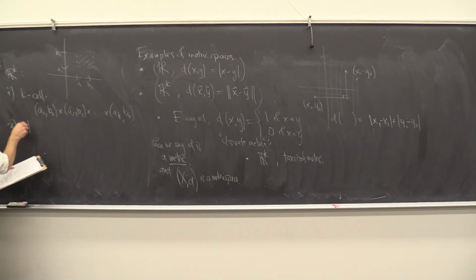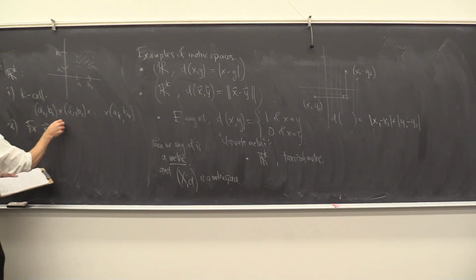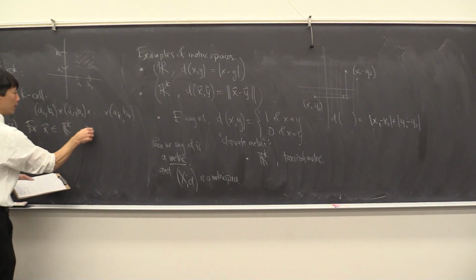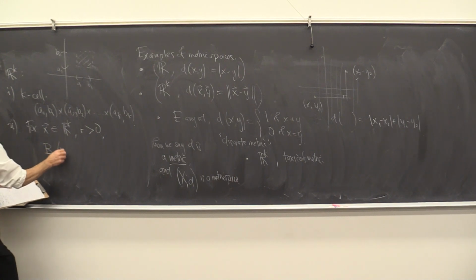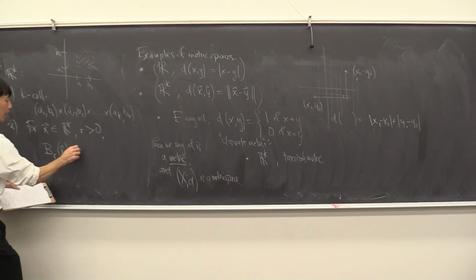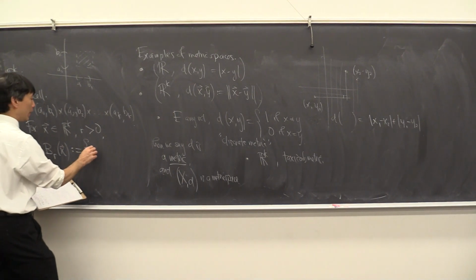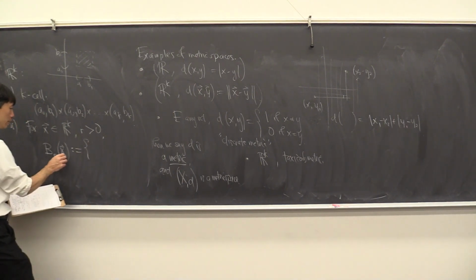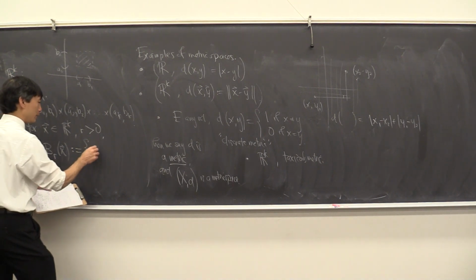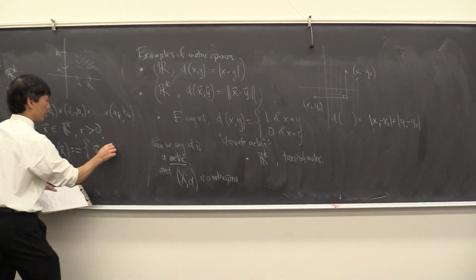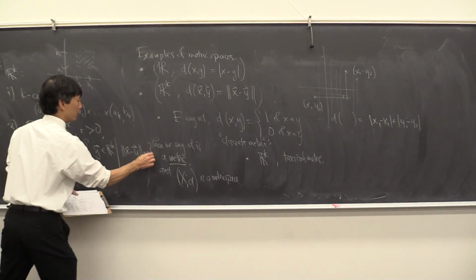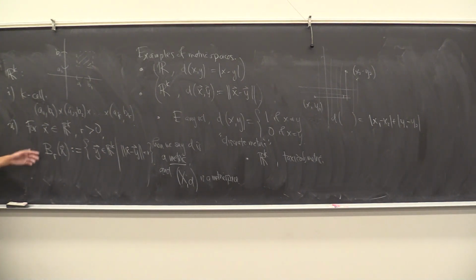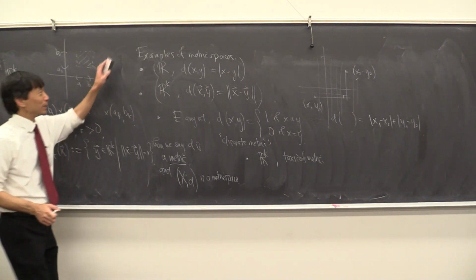So for x in R^k and r greater than 0, we define the ball of radius r centered at x as all the vectors y in R^k such that the distance of x from y is smaller than r. It's just a sphere. You've seen this before.